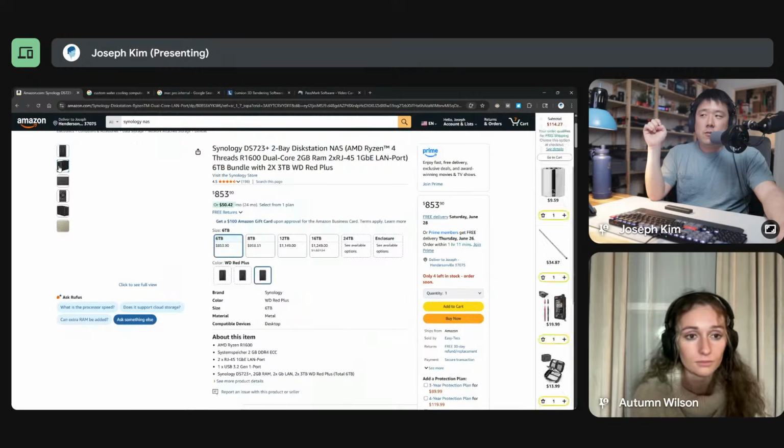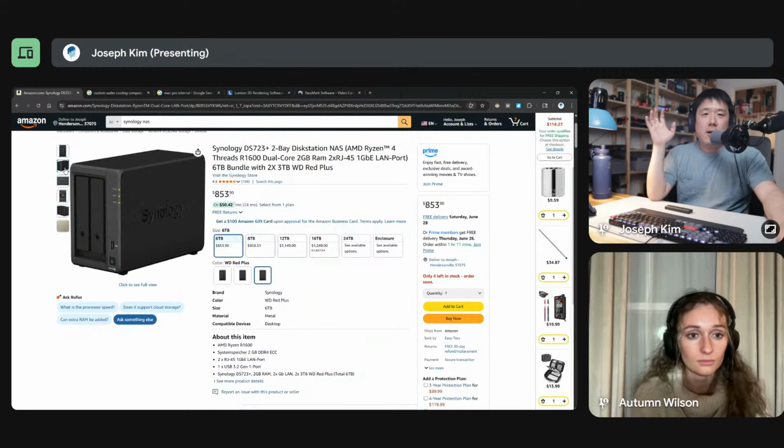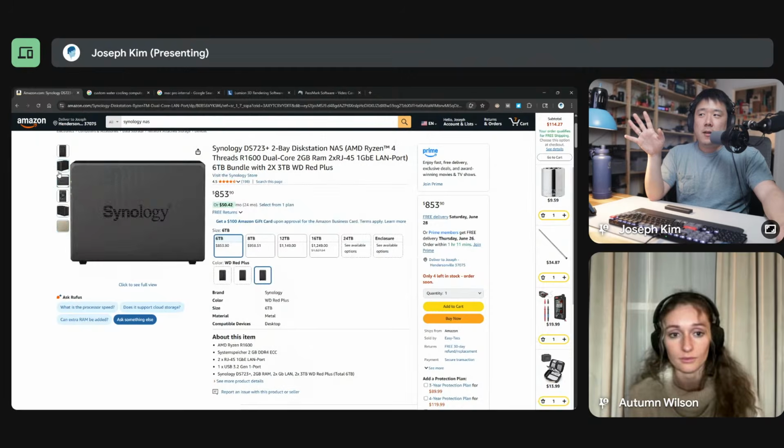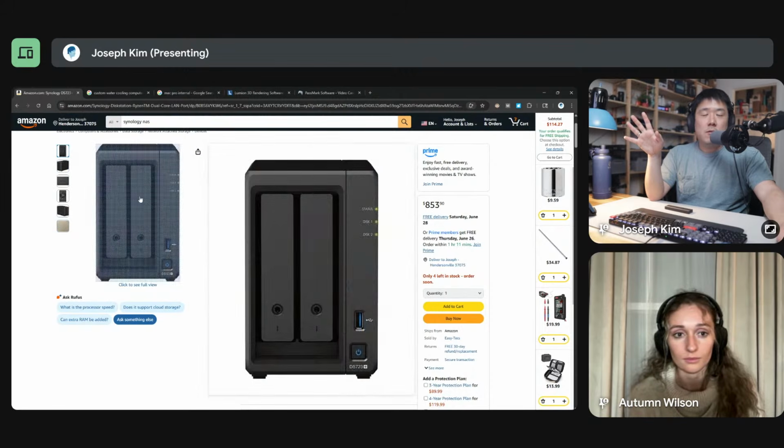So you get two slots, and then you get to buy whatever hard drive disk that you want, and then put them in, and it receives two drives, and you can fill it in with whichever you want.